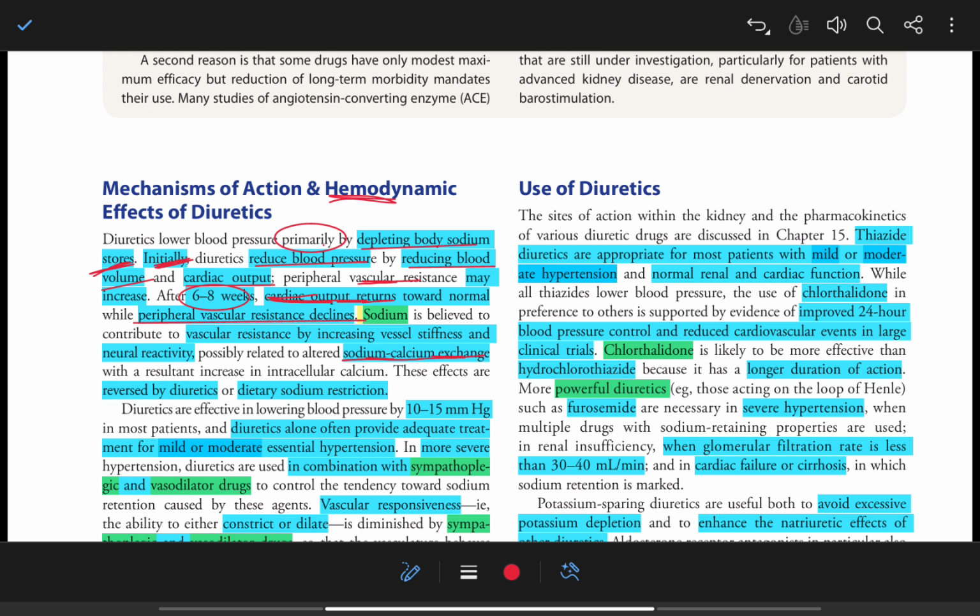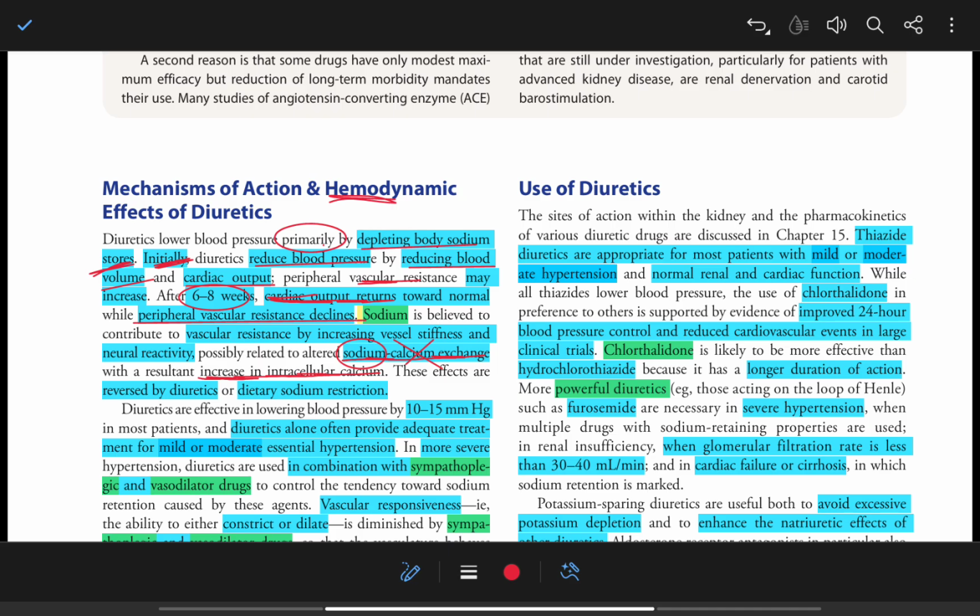This particular transporter, at the end of the day, tries to increase the intracellular calcium level inside the cell. And if you are able to remove sodium from the body, it means that this exchanger will not be able to work, so your intracellular calcium level will decrease.